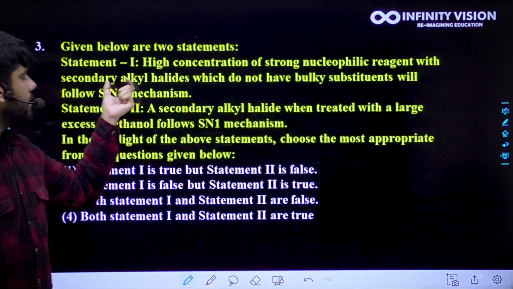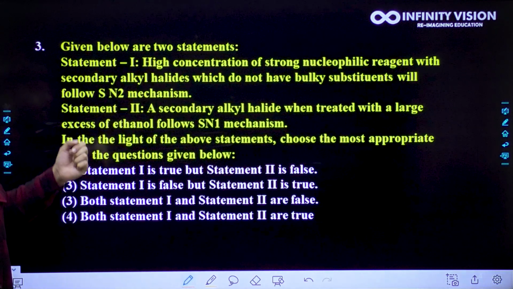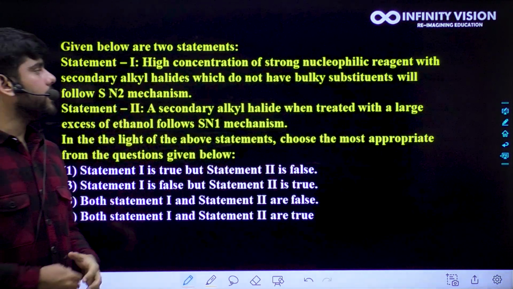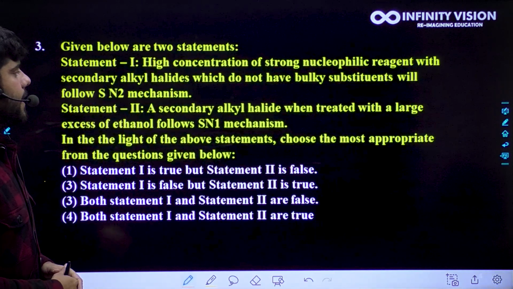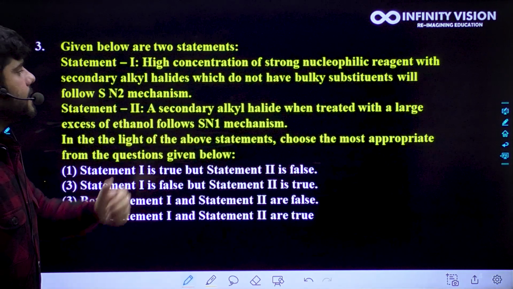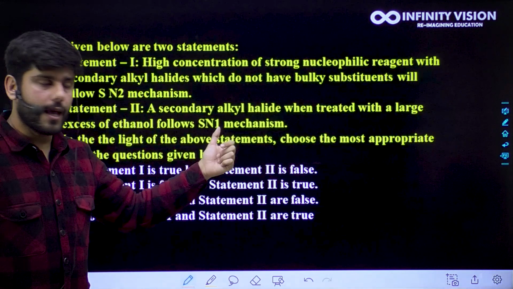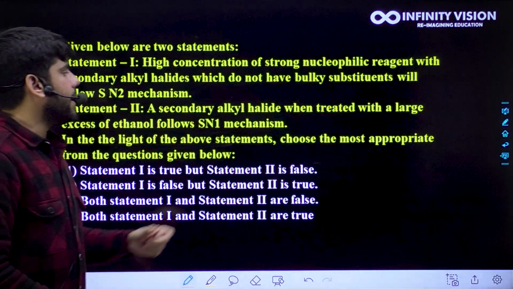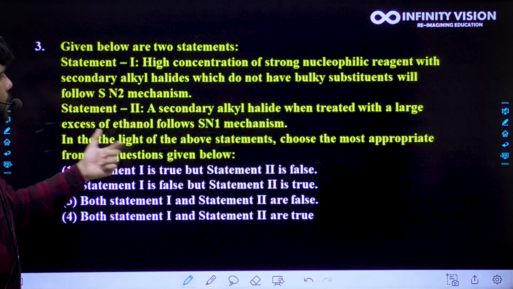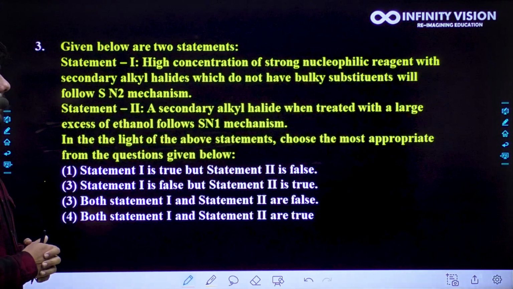The question is, given below are two statements. Statement number one is high concentration of strong nucleophilic reagent with secondary alkyl halides which do not have bulky substituents will follow the SN2 mechanism. And statement number two says a secondary alkyl halide when treated with a large excess of ethanol follows the SN1 mechanism.